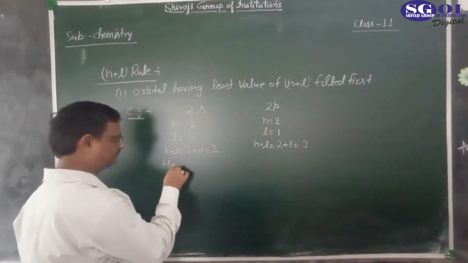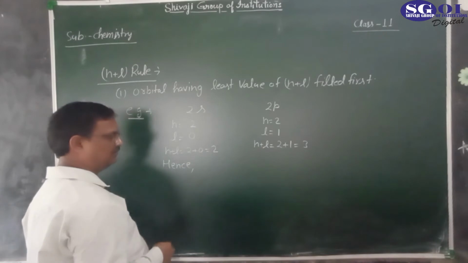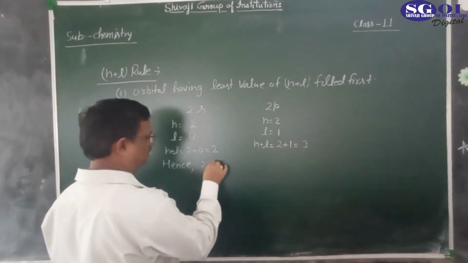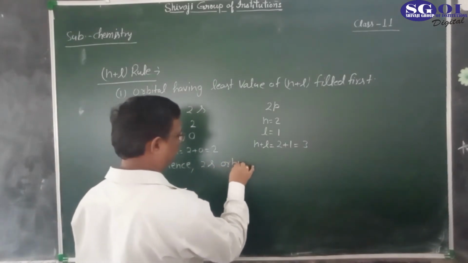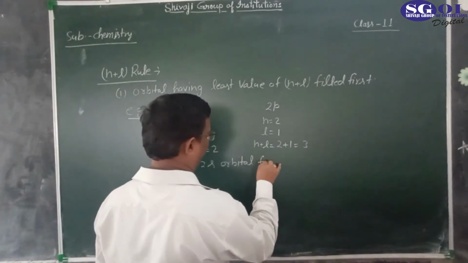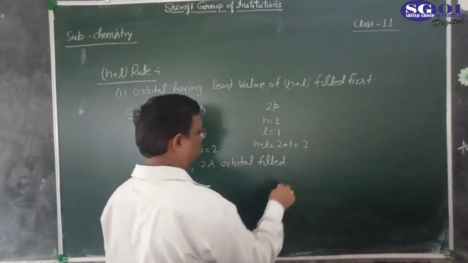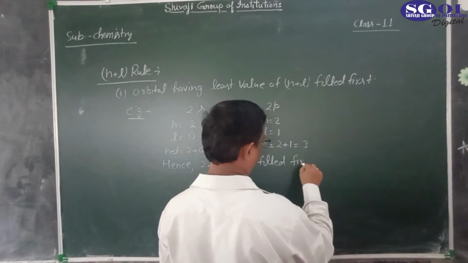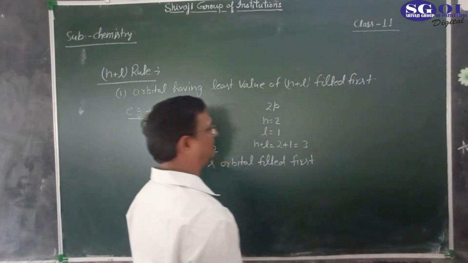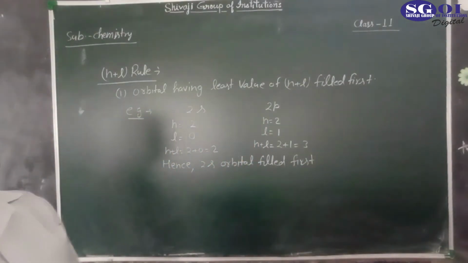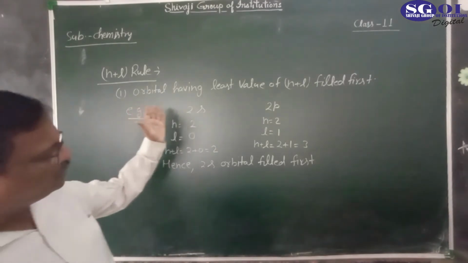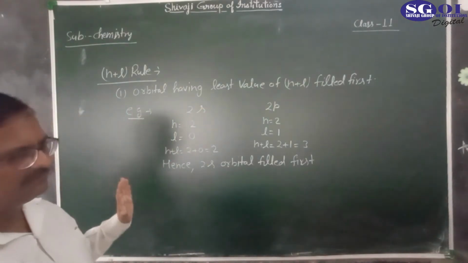Hence the 2s orbital is filled first, after that 2p.